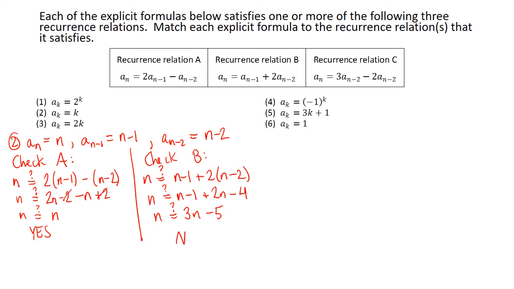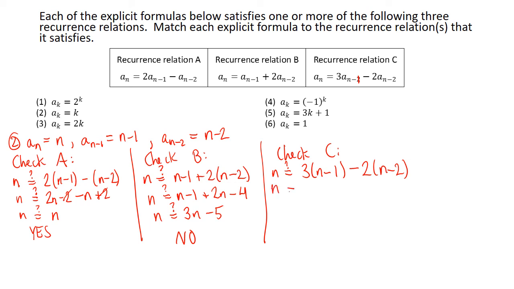So this is a no. Okay, and then let's check C. On the left I have a_n, and on the right I have, again this is a typo, this is supposed to be 1. So this will be n minus 1, and then minus 2 a_(n-2). And then we're checking this, so I'll put the question mark. So this is going to be 3n minus 3 minus 2n plus 4.